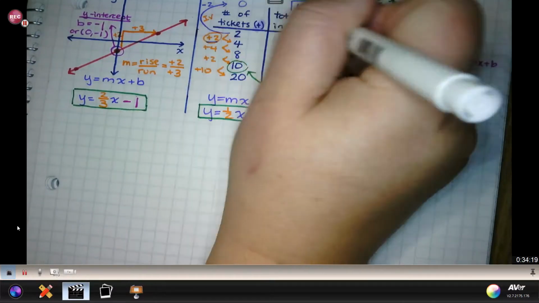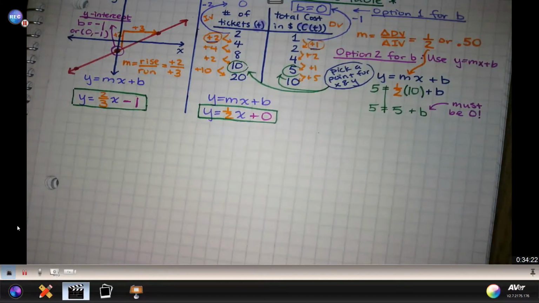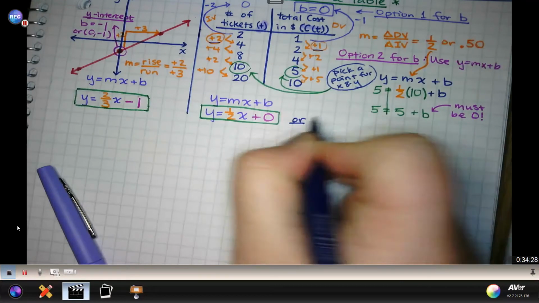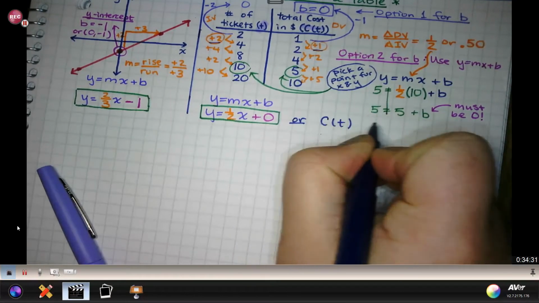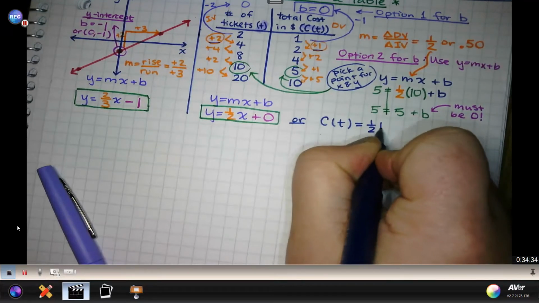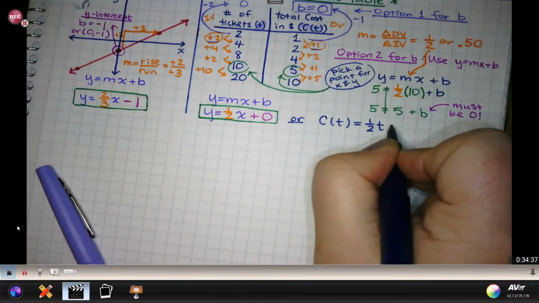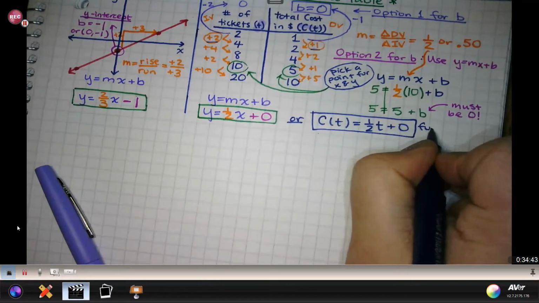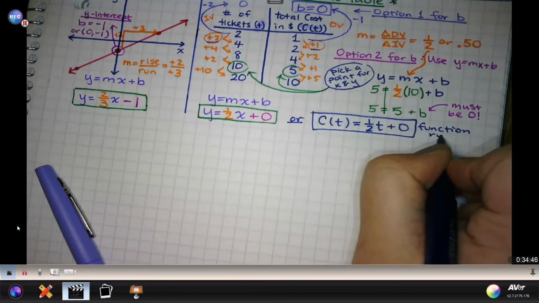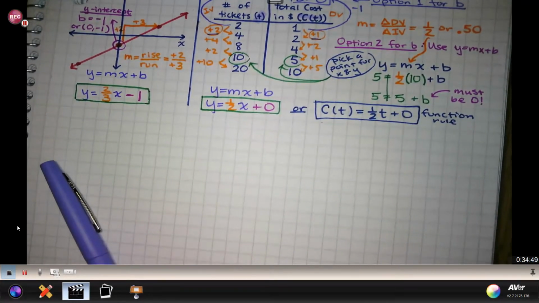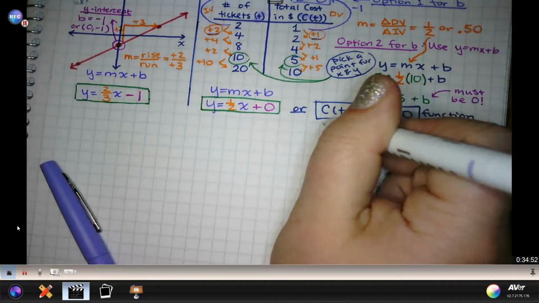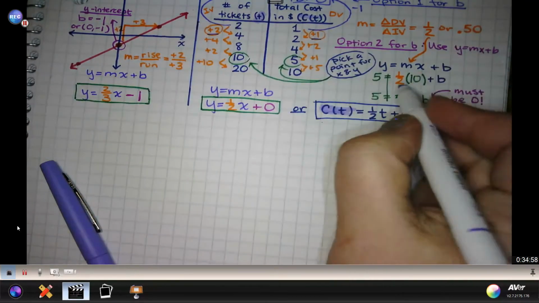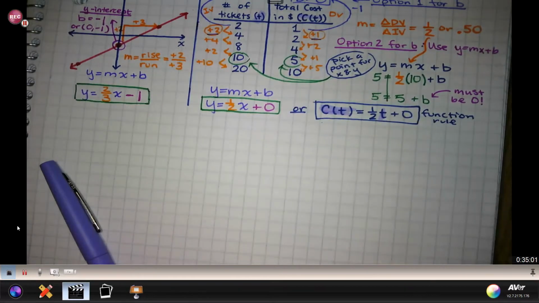So this and this can be used for C of t equals 1/2 t plus 0. And this is function rule using function notation. Okay, because I used the c of t, which is in my y column, so I use that for y, and my t is in my x column, so I use that for x. Other than that, it's exactly the same.